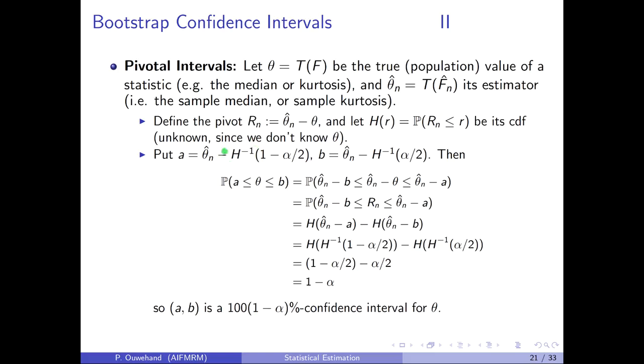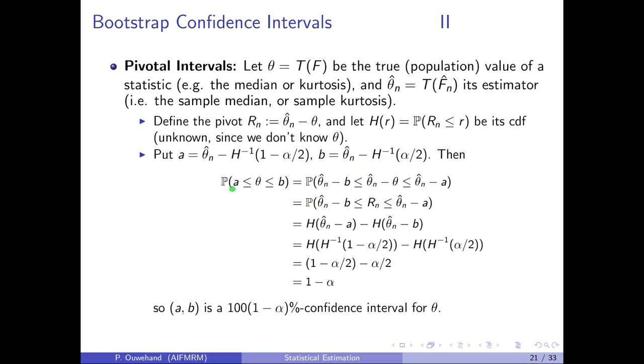Let H inverse denote the quantile function of H. Define A to be equal to theta hat n minus that quantile function evaluated at 1 minus alpha over 2, and B be equal to theta hat n minus that quantile function evaluated at alpha over 2.